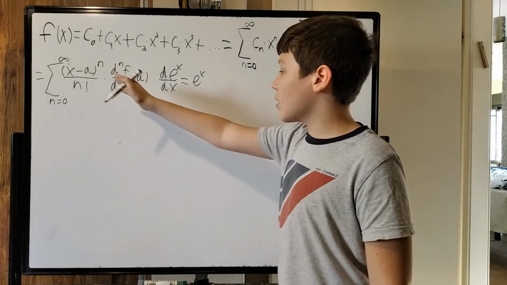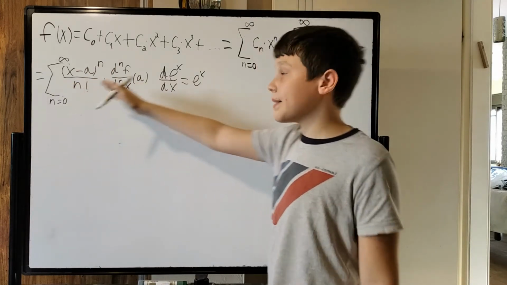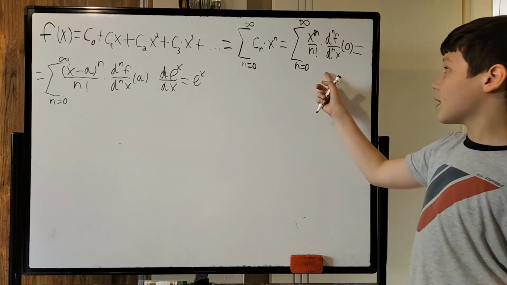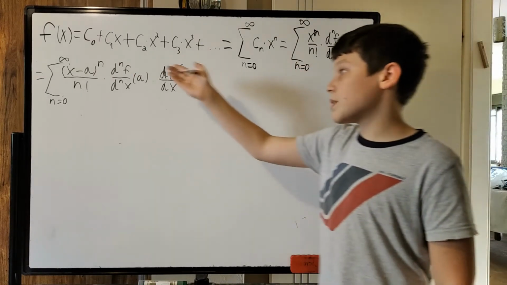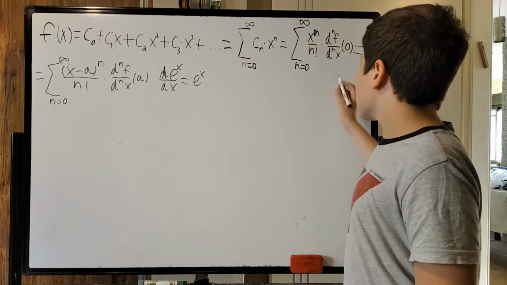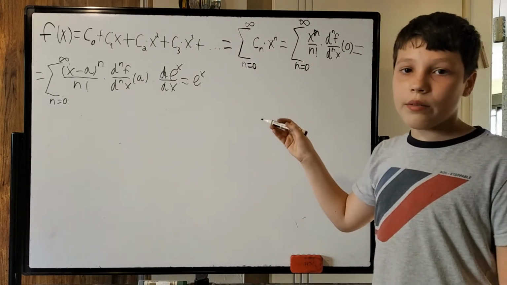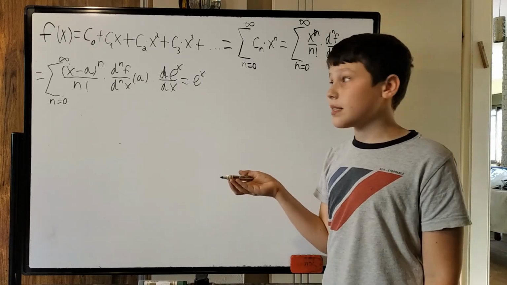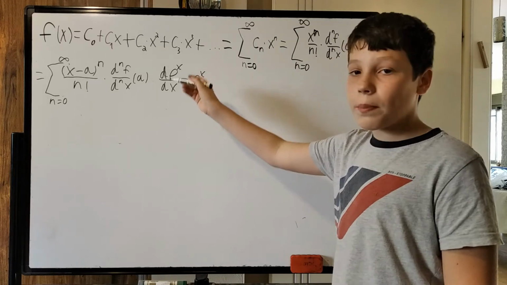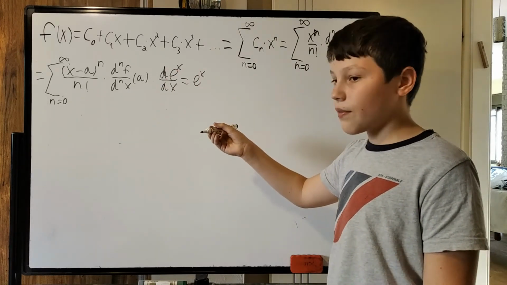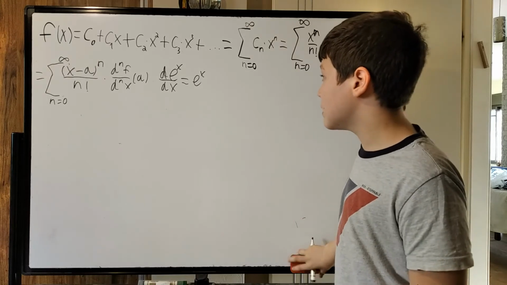Because if we let a be equal to 0, so we'll use the more specific case of this formula, any derivative of e to the x is e to the x, because we are repeatedly differentiating the past derivatives, which are e to the x.